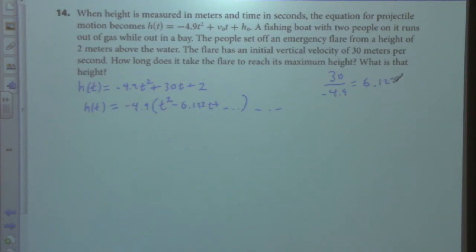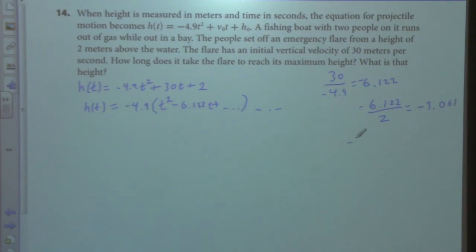So negative 6.122. And what's the next thing we need to do? What do we have to do with that? We'll divide that by 2 and square it. So we divide by 2, we get negative 3.061, right?